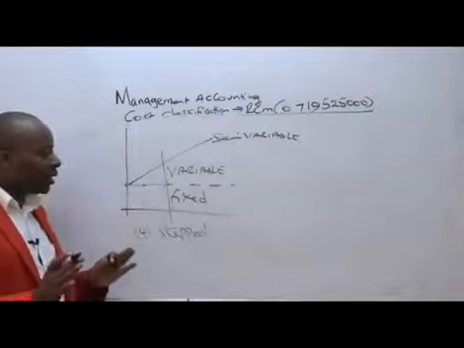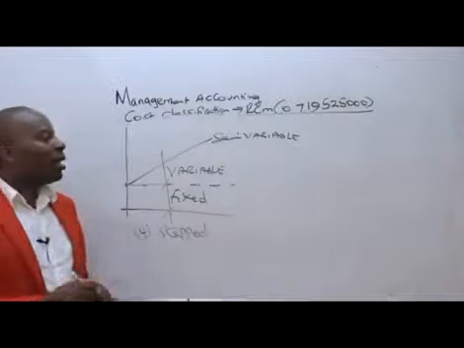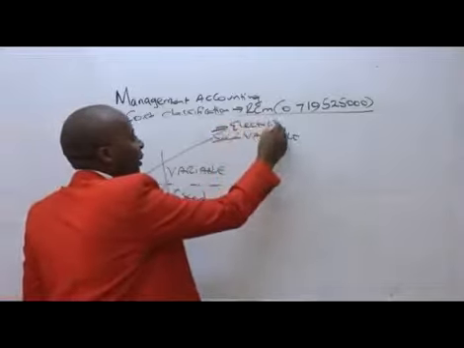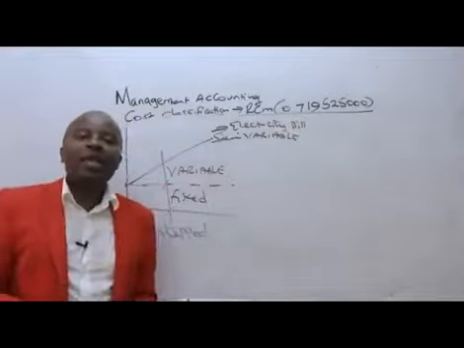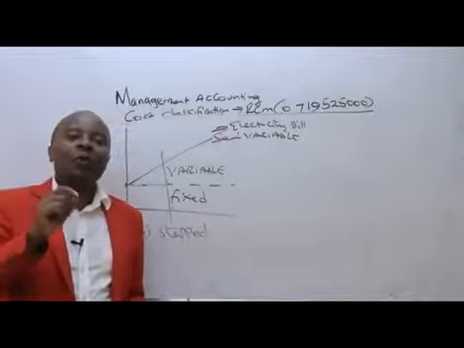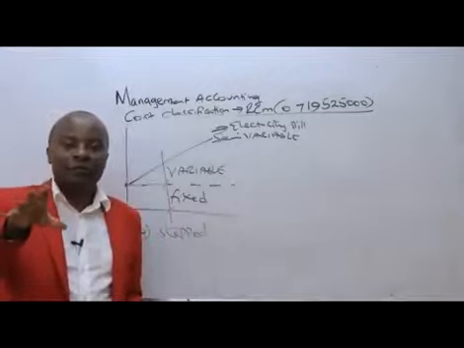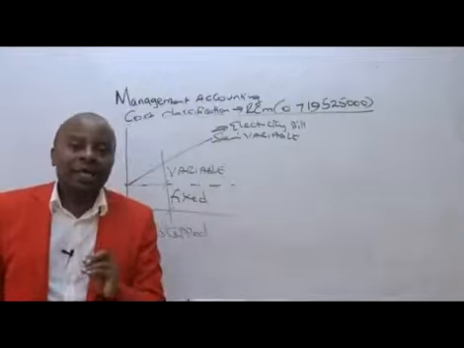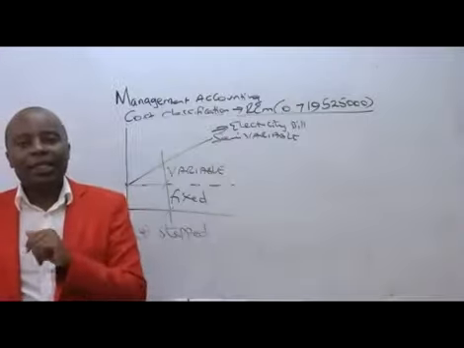Now listen, ladies and gentlemen. If you have, for example, an electricity bill today, trust me that there is a component of your bill that does not depend on the number of units that you consume. There are those Kenya shillings, or whatever currency you're using, put onto your bill that depend on periodicity, monthly, like Kenya shillings 120.